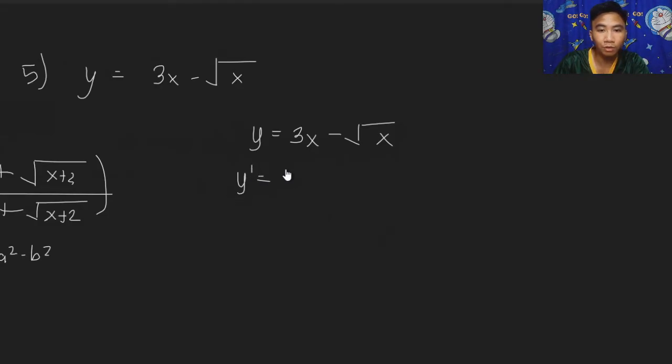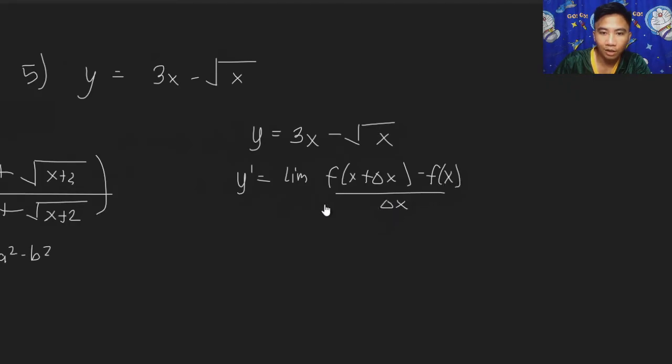y prime is equal to the limit of the function x plus delta x minus the original function all over delta x as delta x approaches 0. So just substitute y prime.